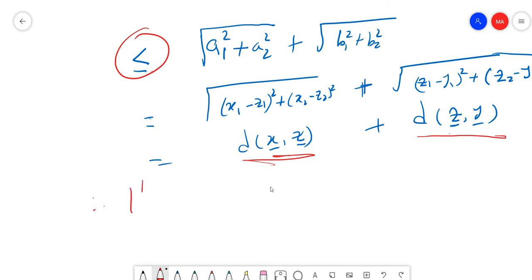Hence, R squared together with this distance forms a metric space.